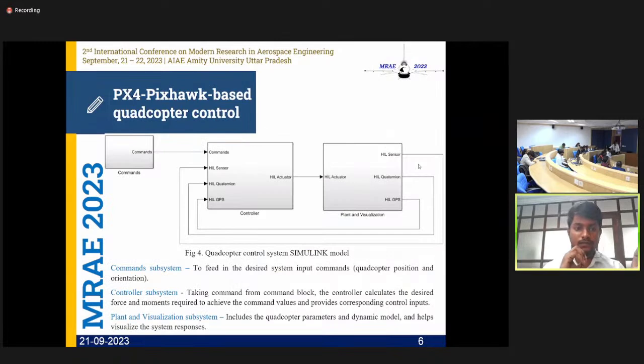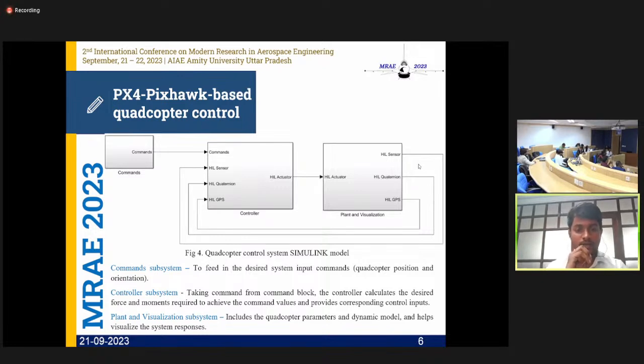And now let's talk about the Pixhawk-based quadcopter controller. So basically, as I told you, PX4 is an SITL firmware, which is open source autopilot firmware, and the Pixhawk is a hardware to put your controller or code on, and it will be put on your quadcopter and work on that.